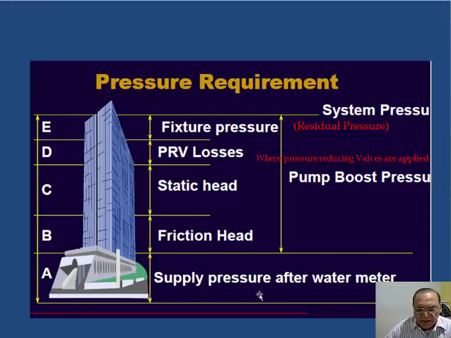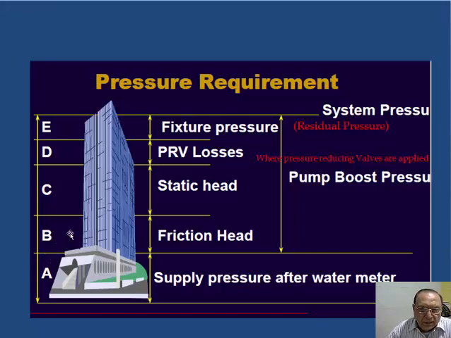It may not be applicable where we are having the storage tank, as no pressure will be available to us. So other things are calculated on the basis of the friction head, static head, other valve, etc. used in the systems, and the fixture pressure, that is the residual pressure. This gives us the total pressure requirement for the systems.